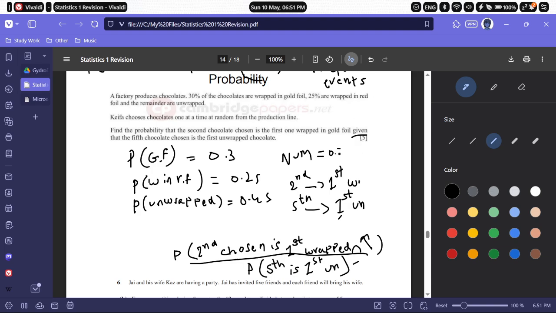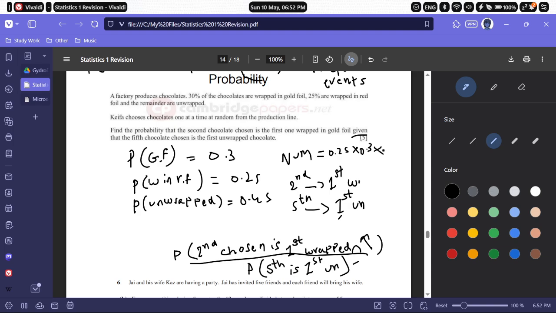So 0.25 times, now for the second one, they tell you that it's the first one wrapped in gold foil, so 0.3. Then the third and the fourth chocolate will be the ones which are not unwrapped, because the fifth one is the unwrapped one.